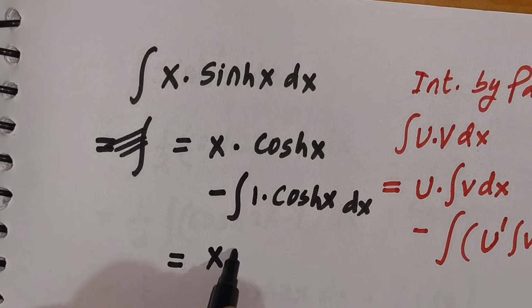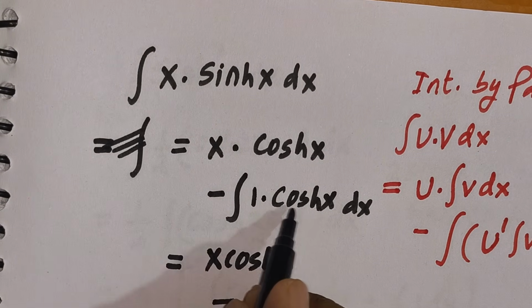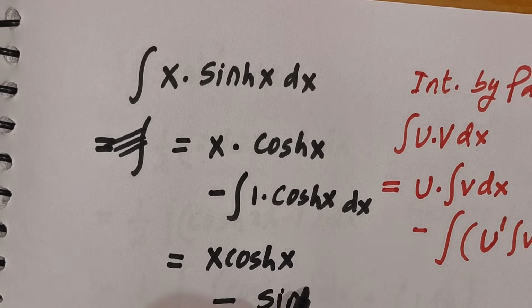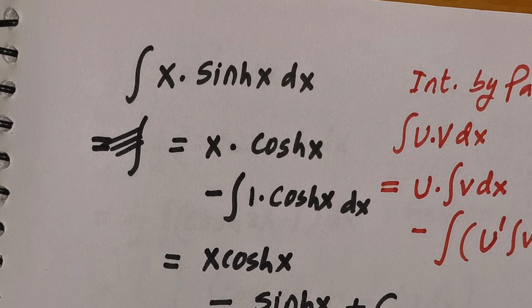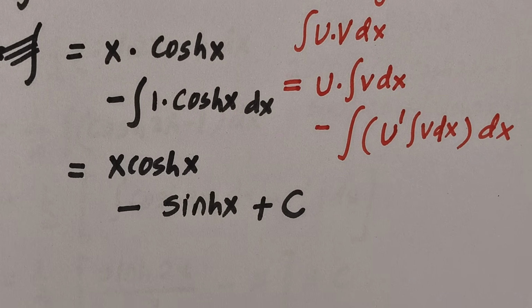So we are left with x cosh x minus 1 times cosh, whose integration is hyperbolic sine, plus arbitrary constant c. So this is the integration of x times hyperbolic sine. You have to use the same methods, but here you apply the basic formulas of hyperbolic sine and hyperbolic identities.